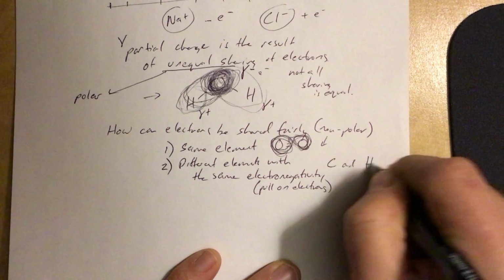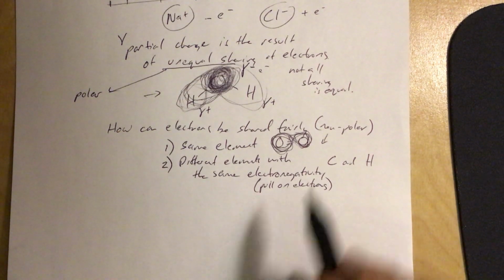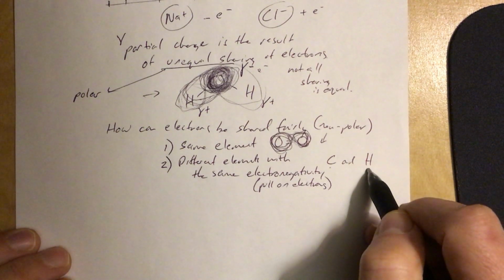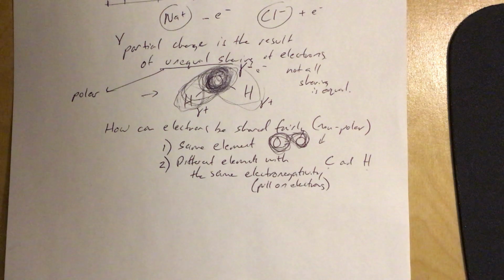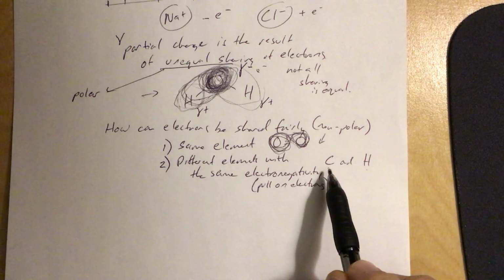and hydrogen. These two, I know they're vastly different. Hydrogen has only got one proton, and carbon has 6, and there's different numbers of orbitals and all these other things. But here's what happens.